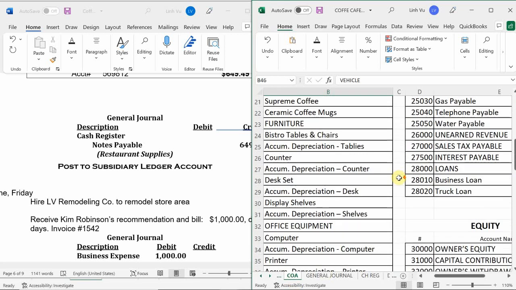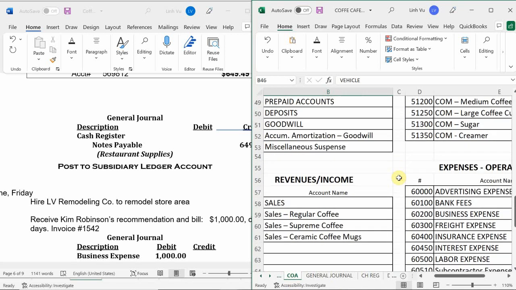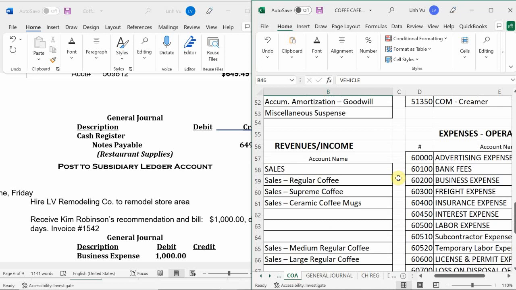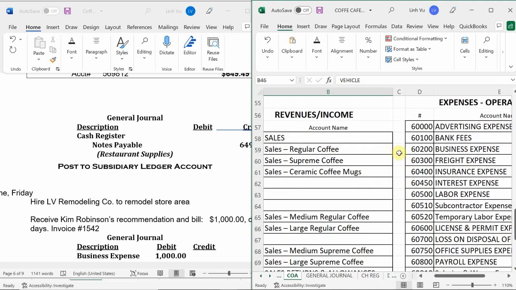We already know that's going to be some kind of expense because it wouldn't fit any other category, right? We spent money to fix our store, or in this case, we spent money to get a consultation on recommendations on how I should design my store. So let's take a look at what kind of expense this would be.